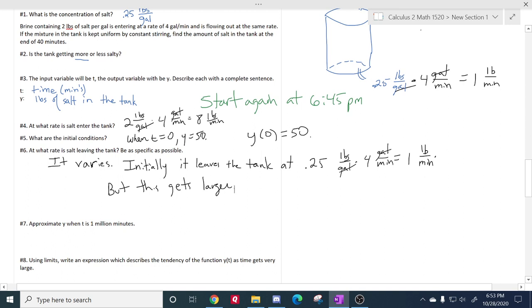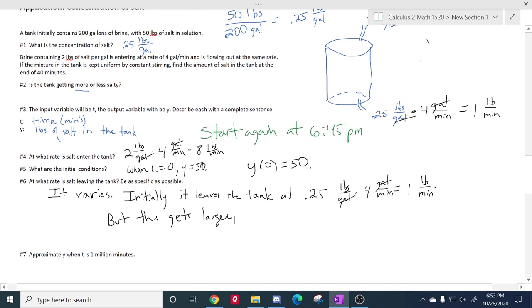Okay, number 7. Approximate y when t is 1 million minutes. I'm going to give you a minute for that. Type in your answer into your group chat, but don't hit enter yet. Work on it individually first.